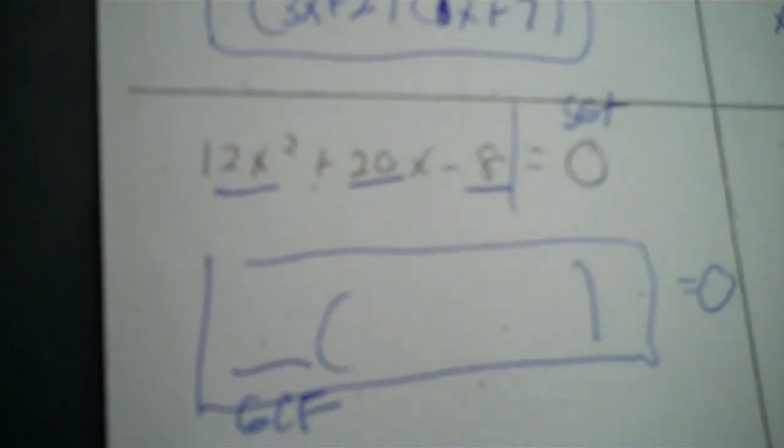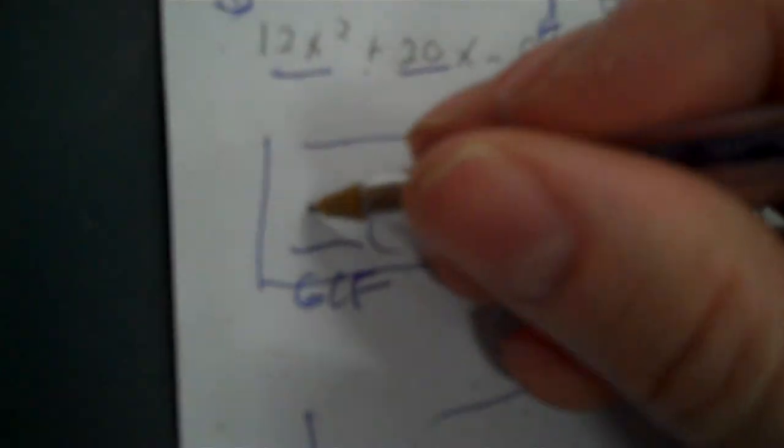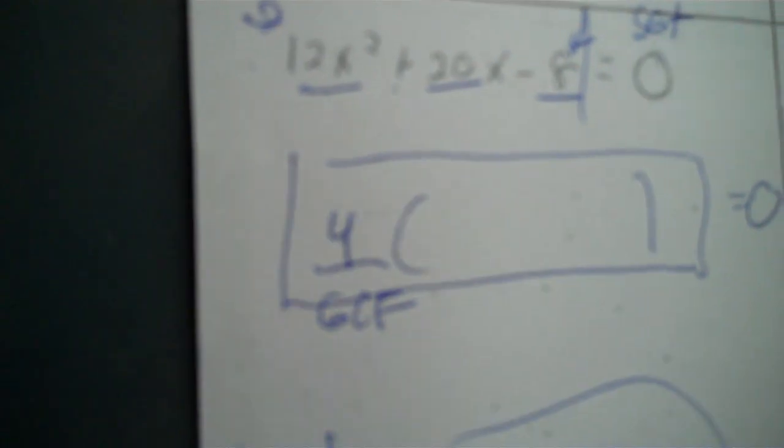Now we are going to do the GCF here. Now you don't have the variable. The front's positive, but if you look at your coefficients, 12, 20, and 8. If you go to 8, there's 12, there's 20, so it's 4. No negative, no x on the 4. But it's 4, so I go up and divide by 4.